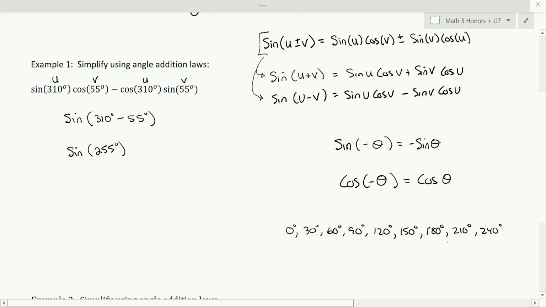Okay, and then in between there, we also have 45s, right? We know the 45, 90, 135, 180, 225. Okay, so is there a way to use these numbers to make 255 by adding or subtracting? 225 plus 30.